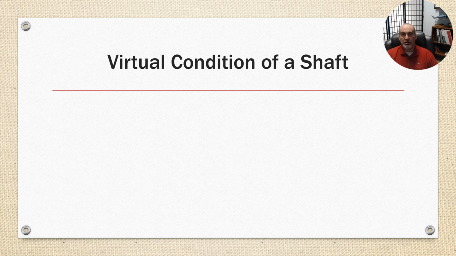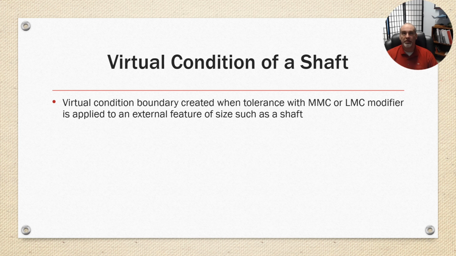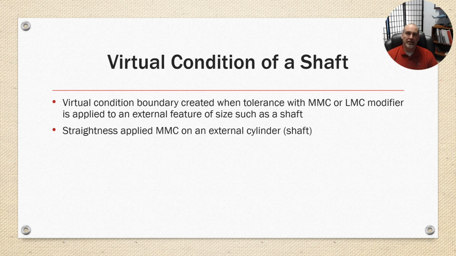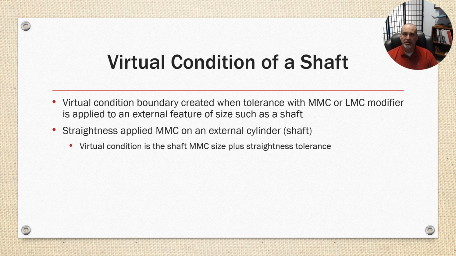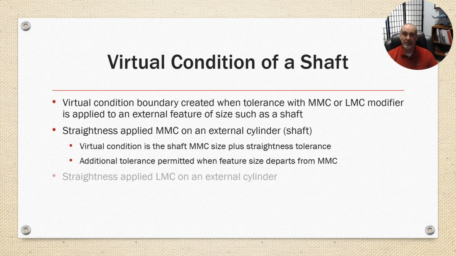Virtual condition of a shaft. The virtual condition boundary is created when tolerance with an MMC or LMC modifier is applied to an external feature of size, such as a shaft. Straightness applied at MMC on the external cylinder or shaft: the virtual condition is the shaft's maximum material condition size plus the straightness tolerance, and additional tolerance is permitted when the feature departs from MMC.